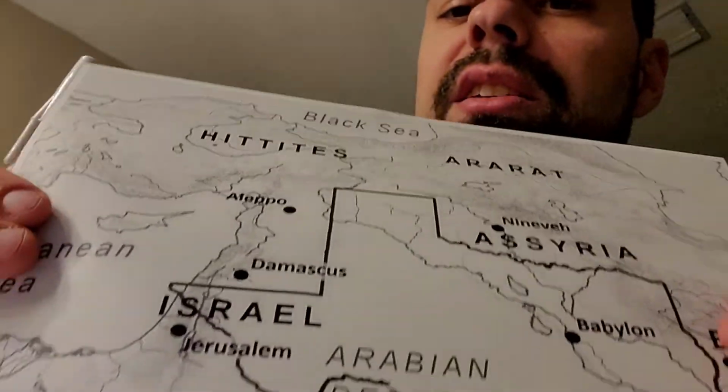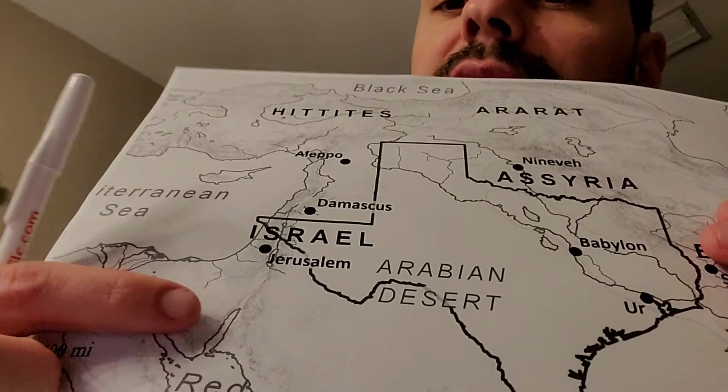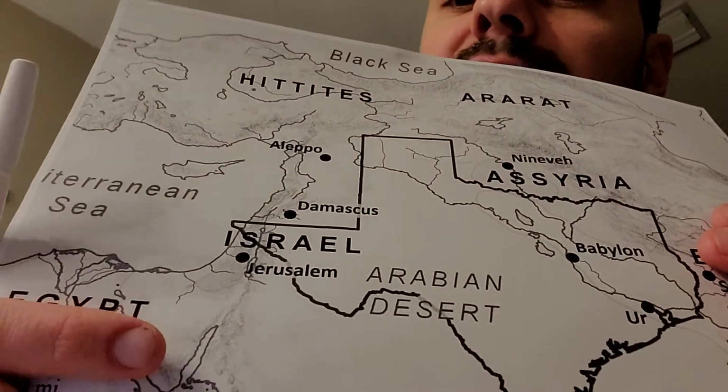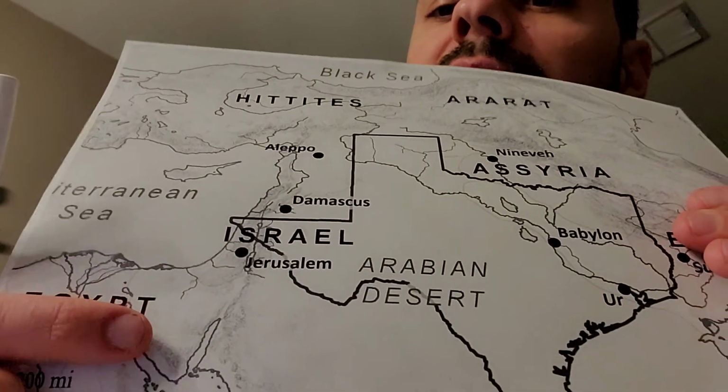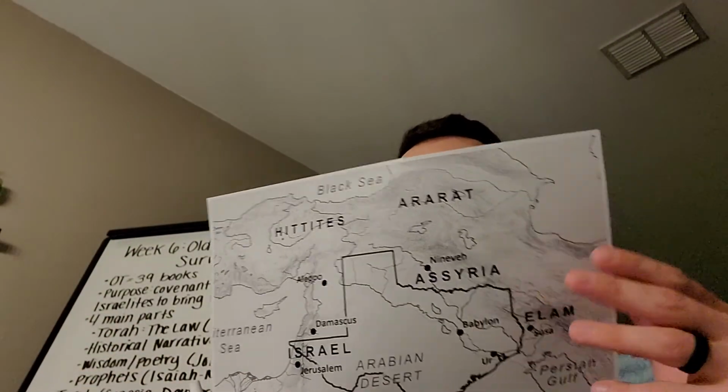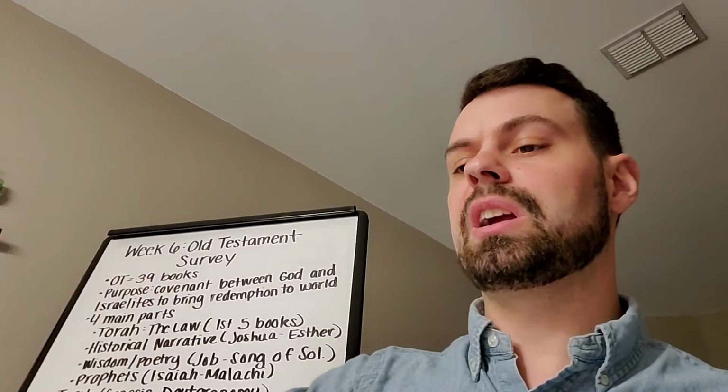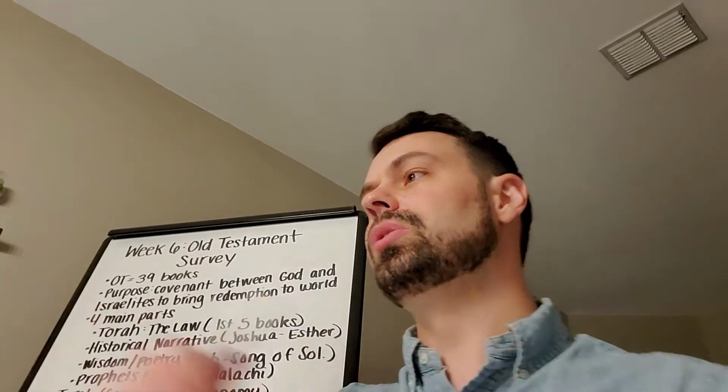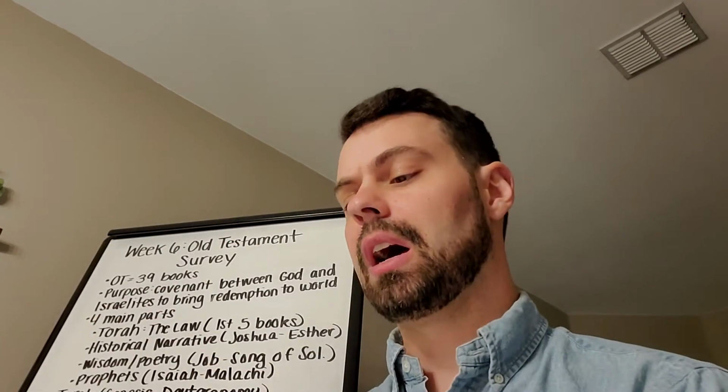That is modern day the Sinai Peninsula. And that is where God gave the law to Moses, and the newly formed nation of Israel enters into a covenant with God.